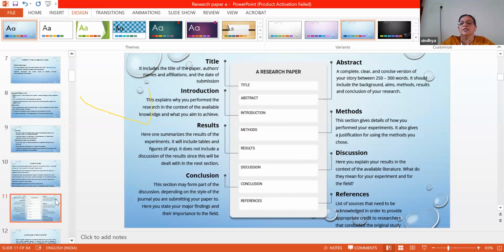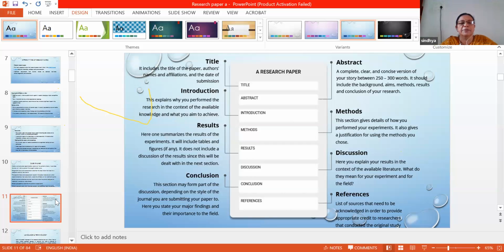Usually 250 to 300 words, you have to prepare an abstract that includes the topic, the method, the sample used, the tools and techniques used, and the result you obtained. All these can be summarized in a single paragraph that is known as the abstract. So preparing an abstract is also a skill, to what extent we reveal the result within 300 words. That is a skill of a researcher.